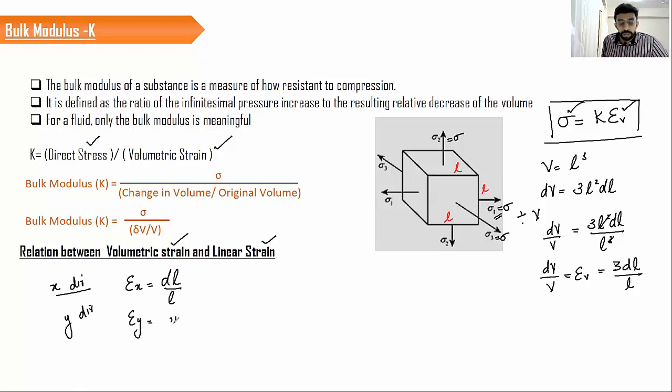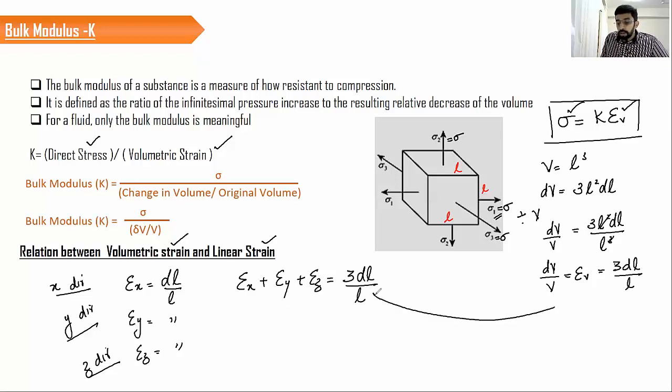And the same is the case for the z direction. Epsilon z is also the same. So if you add these three together, epsilon x, epsilon y and epsilon z, the value is nothing but 3dL by L. Kindly look here, these two values are one and the same. So what we can say is, volumetric strain is the sum of linear strains.